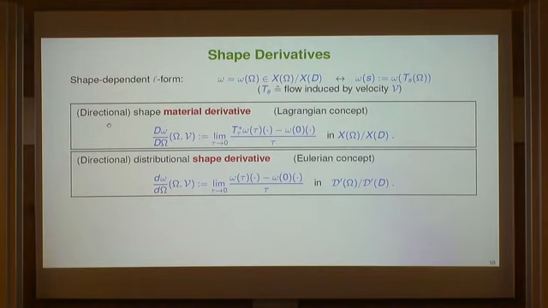Because the shape derivative actually should be an Eulerian concept. When you define the shape derivative like this, you have the form, and now I assume we have point evaluation. For the 0 form, this is clear. Then you fix a point and then stay there and watch the change of the form. This is an Eulerian concept.